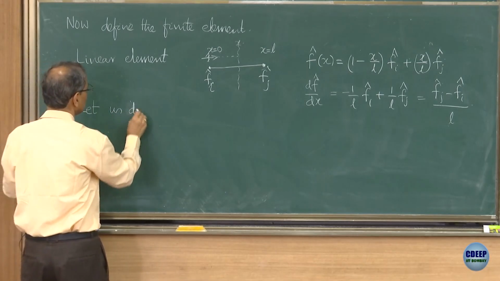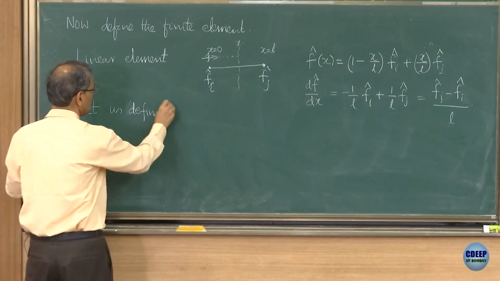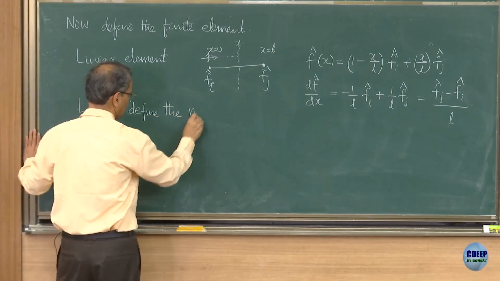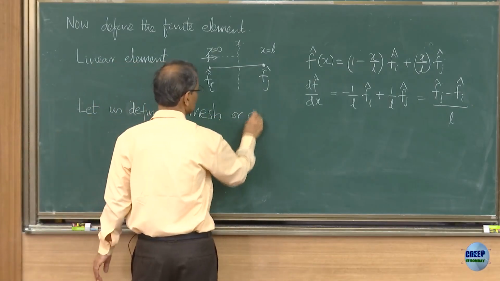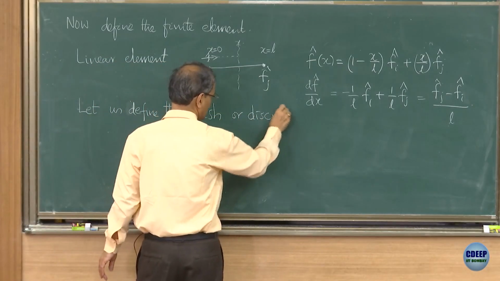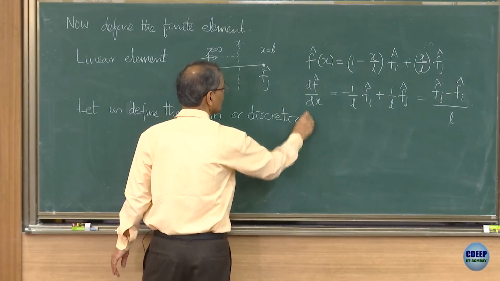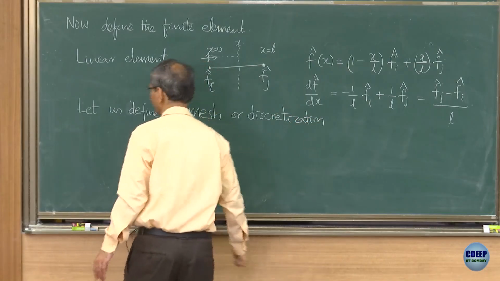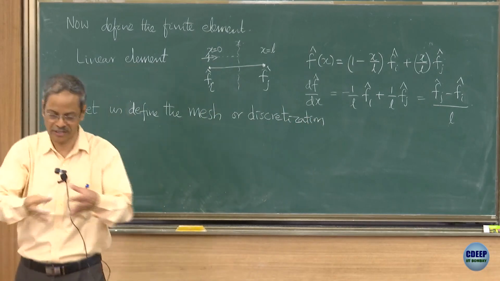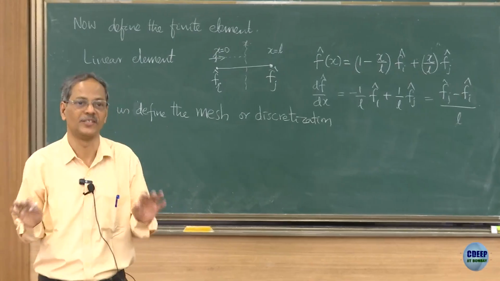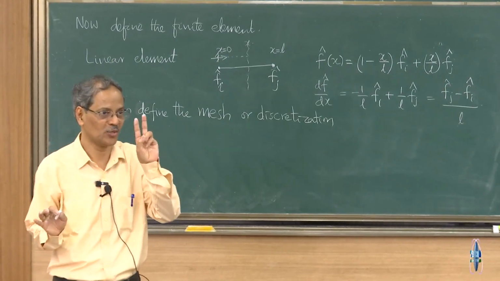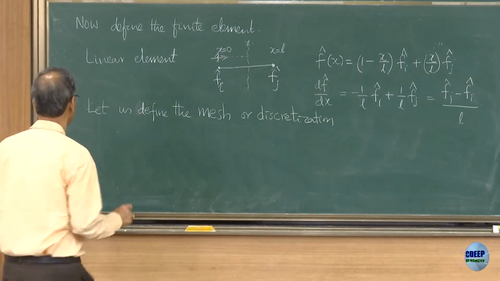Let us now define the mesh or discretization. That means, how I am going to divide this total length from 0 to L into how many elements. For simplicity, I am taking just two elements.